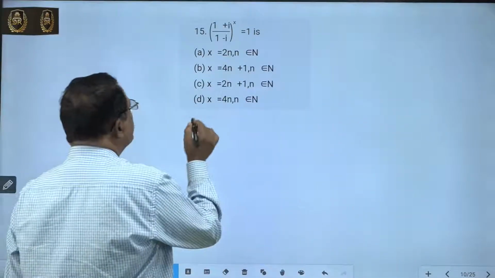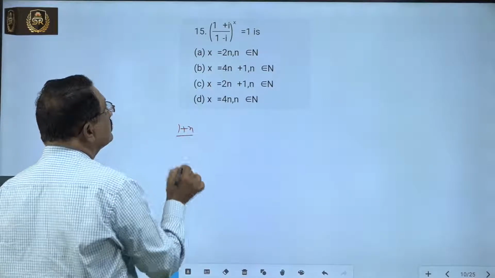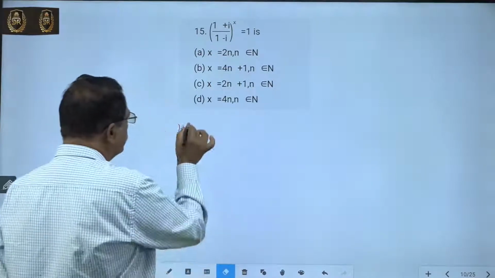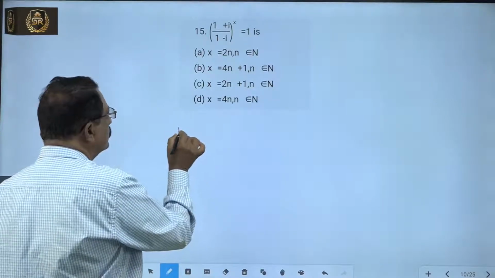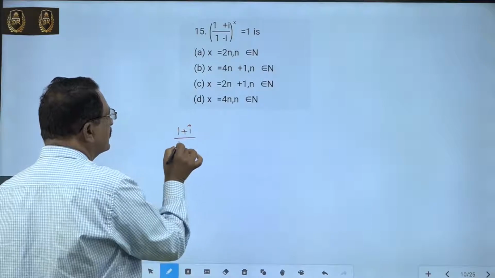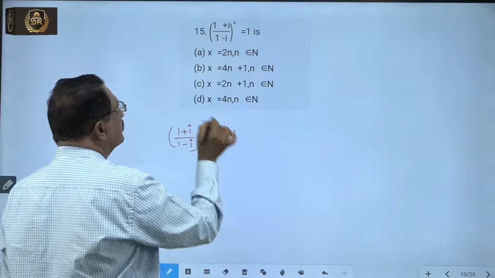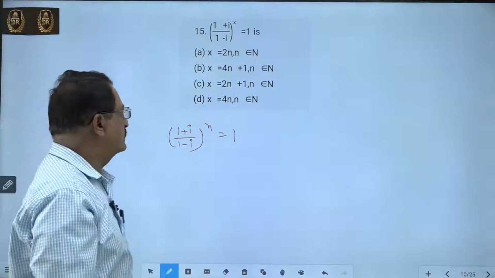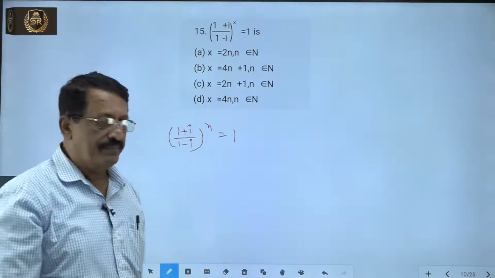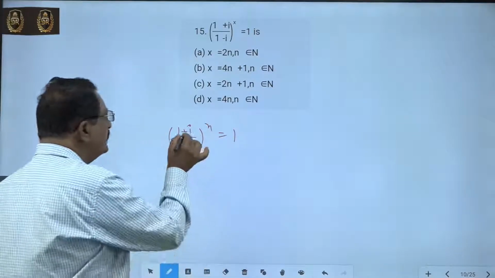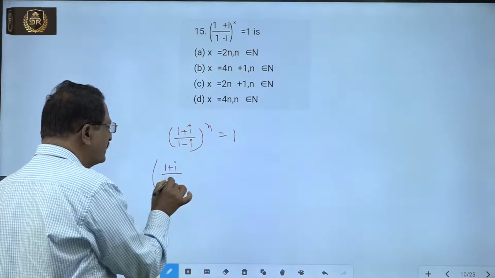Next, 15th problem. 1 plus i by 1 minus i whole to the power of x equals 1. Require the value of x. Now, in the LHS, 1 plus i by 1 minus i.